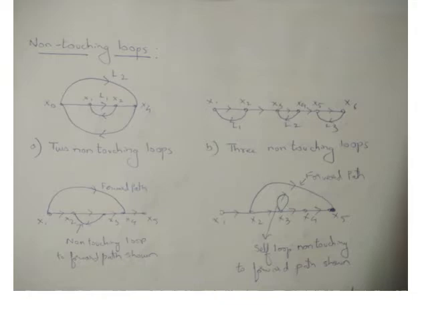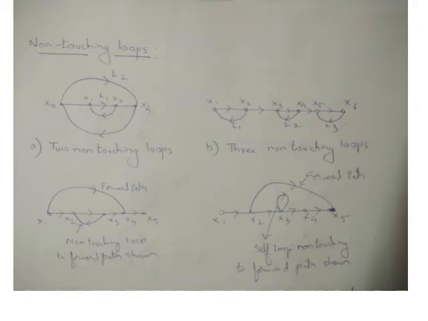The third loop starts at x0, goes to x1, see the arrow, and comes back again. So the third loop goes x0, x1, x2, x4 and back to x0. There are 3 loops, but only 2 non-touching loops, because the third loop touches both the other loops. That is the difference I want to tell you.